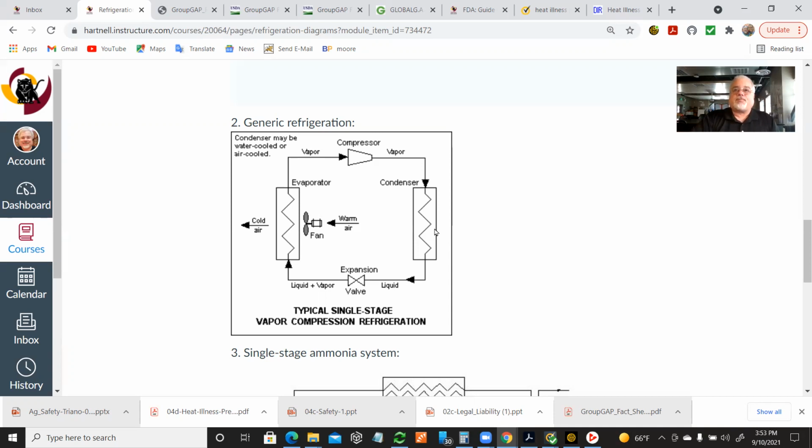Due to environmental concerns, we've moved to alternative materials. And for large scale, non-transport types of refrigeration, we use anhydrous ammonia as the refrigerant. Anhydrous ammonia makes an excellent refrigerant, and it's a fertilizer as well.